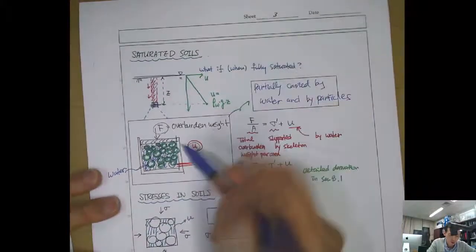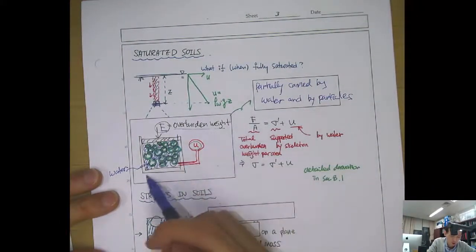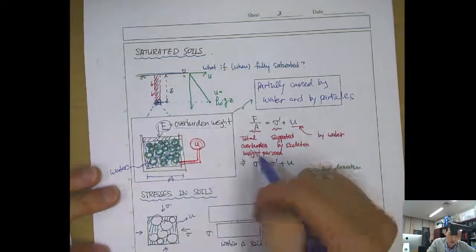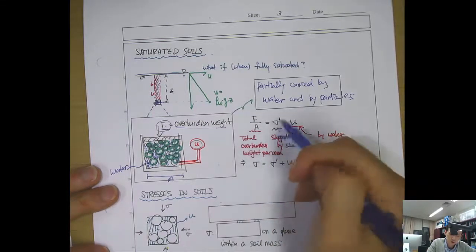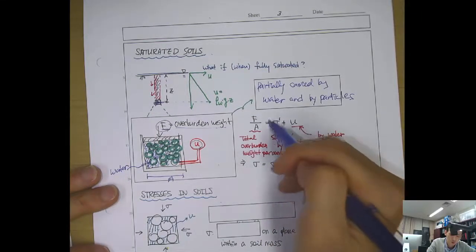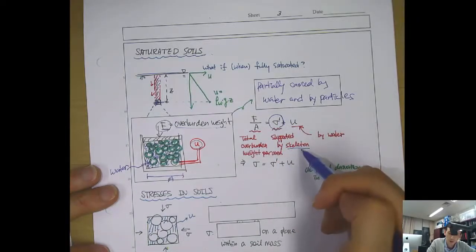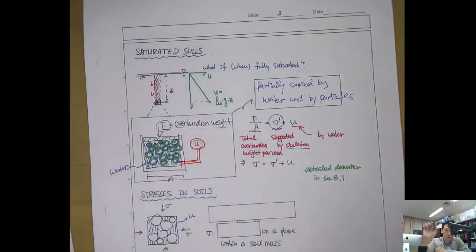So if you think about this F, the overburden weight, divided by this area, A, which is the vertical stress, or you can say the total overburden stress, it is equal to the effective stress that's supported by the skeleton, or the soil grains. Soil grains make the skeleton, right?